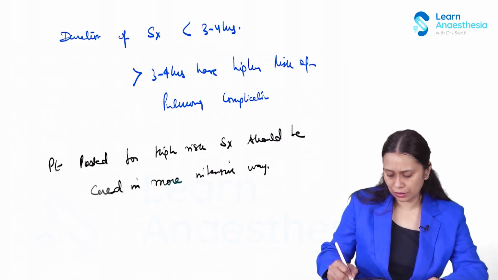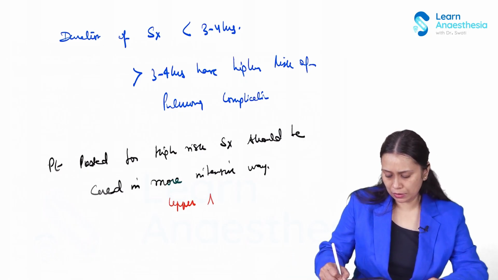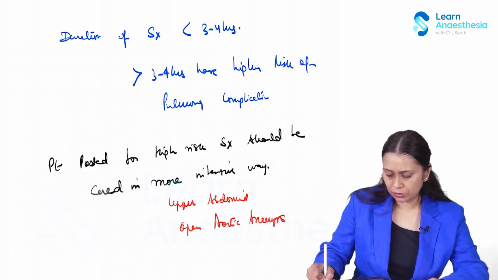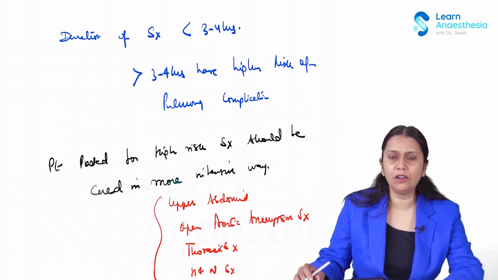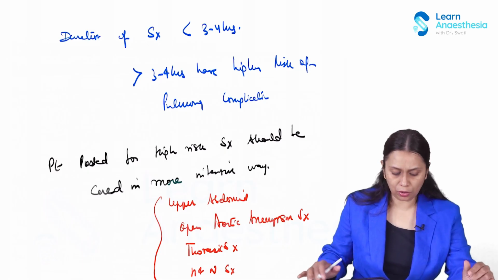Already we have discussed upper abdominal surgery, then open aortic aneurysm surgery, then thoracic surgery, and head and neck surgery. All these surgeries are at a higher risk of developing post-op pulmonary complication.